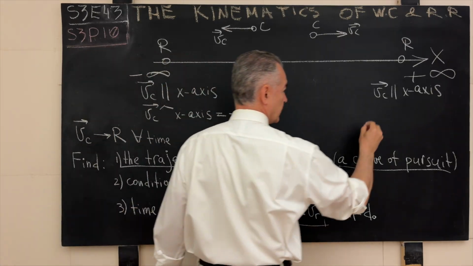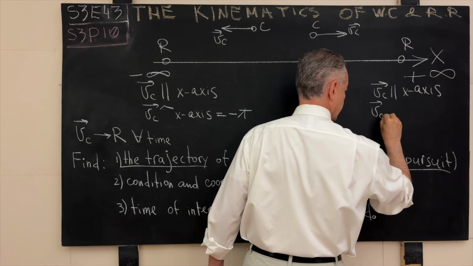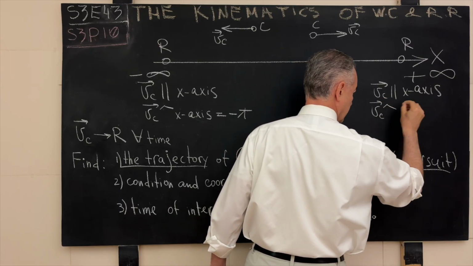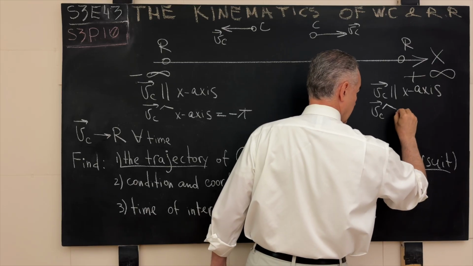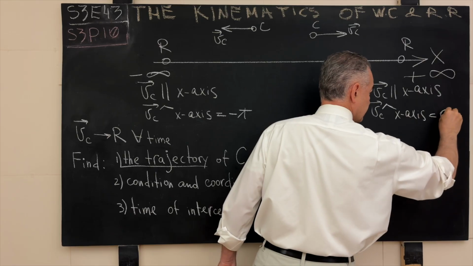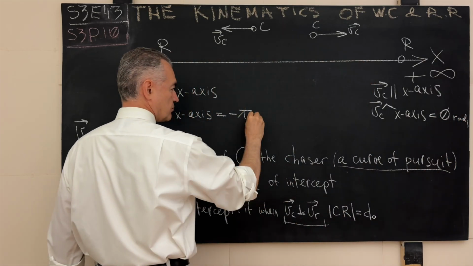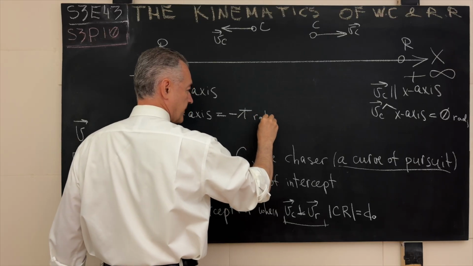Rightward. Exactly. It will point rightward. So let's say the angle between the velocity vector of the chaser, which I will symbolize like this with the cap, and the x-axis will be 0 radians. Let's say this one, and we'll measure it in radians.